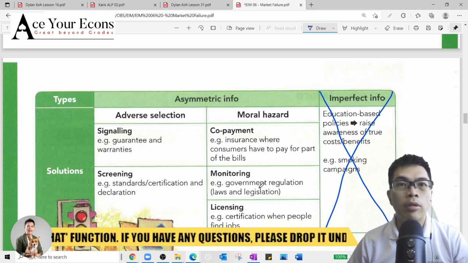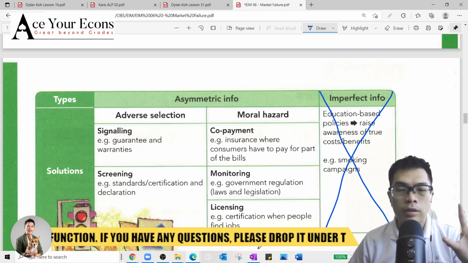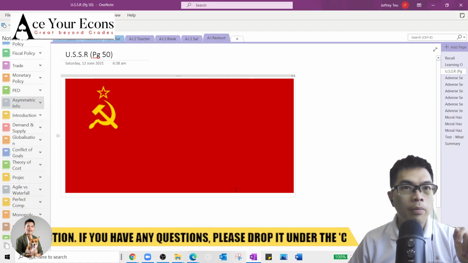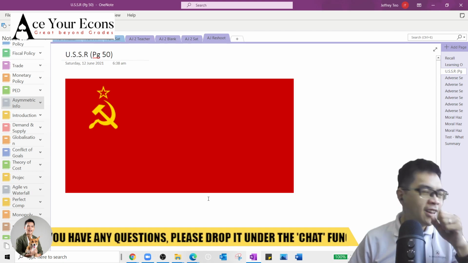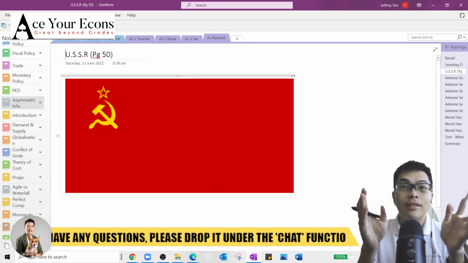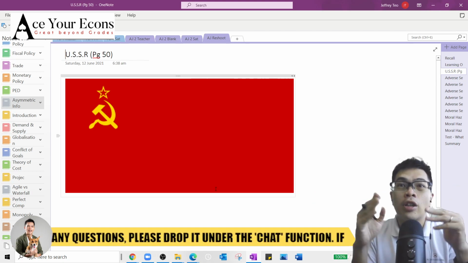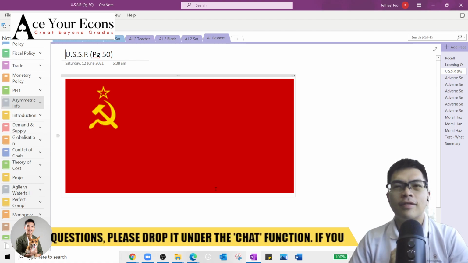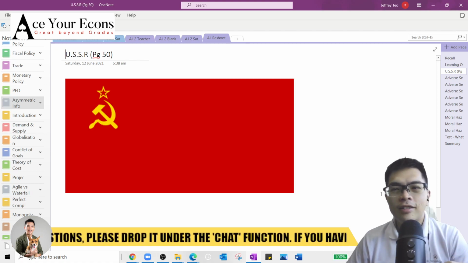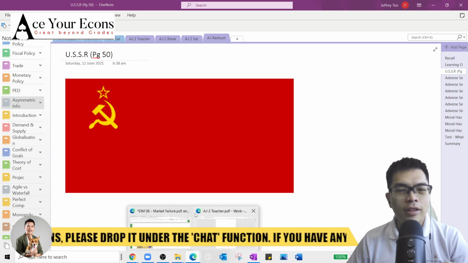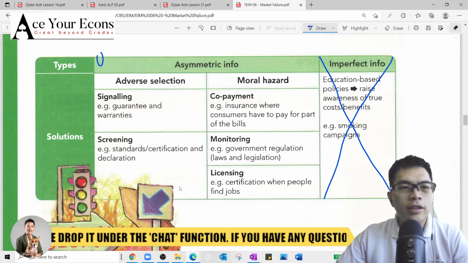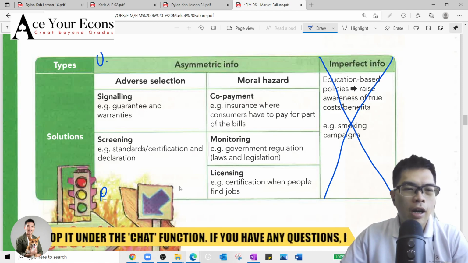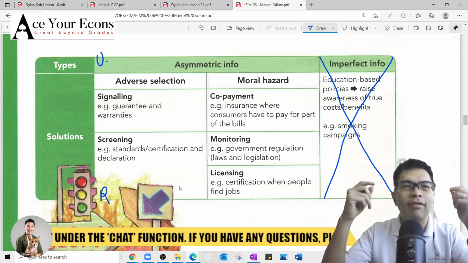So today I'm going to show you a more detailed acronym. I don't think you can copy the Soviet Union flag down. But you realize, what is the short form of the Soviet Union? U.S.S.R. If you look at the book, obviously there are two alphabets missing, which is U and R. So please pen this down.